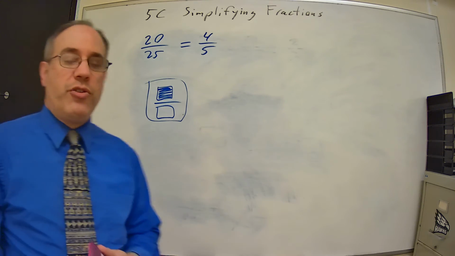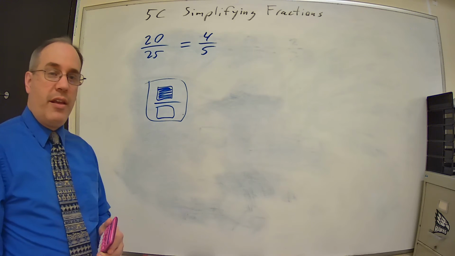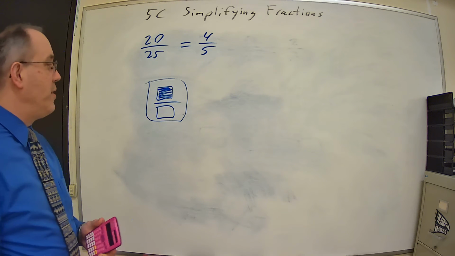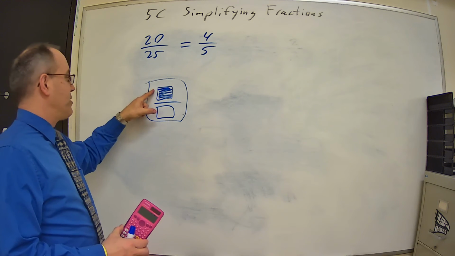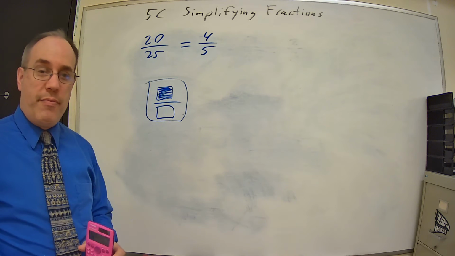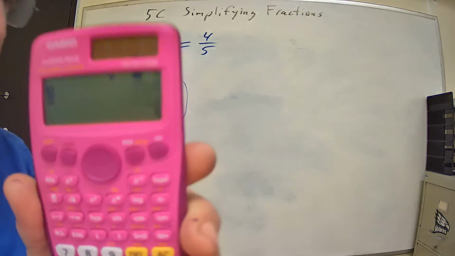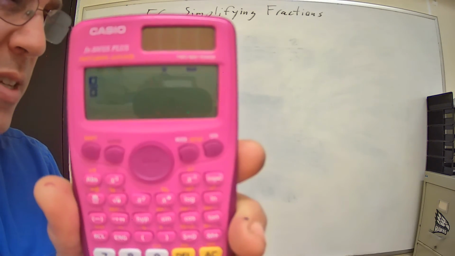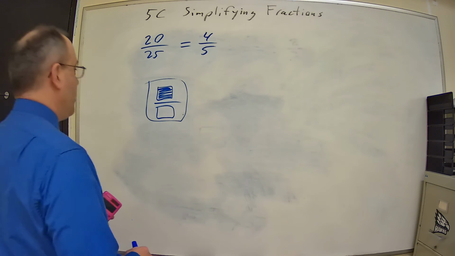That's my fractional button. If I press that button, it's actually going to give me a box with a line and a box on my screen, which is pretty cool. So now I have these two open boxes with a line between them, and I can put my fraction in.